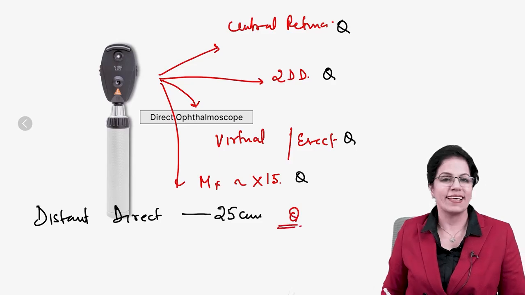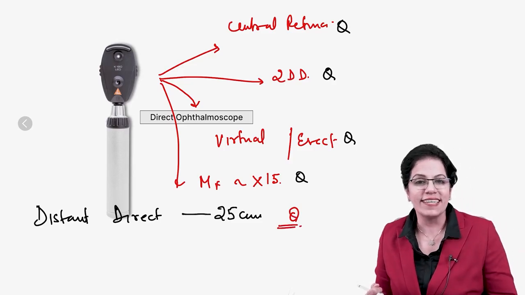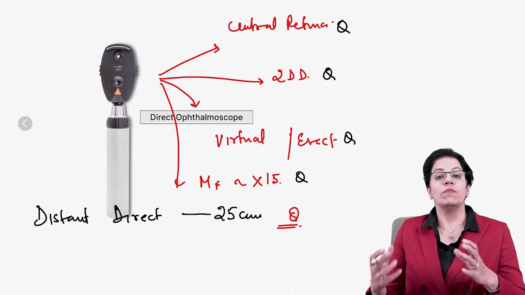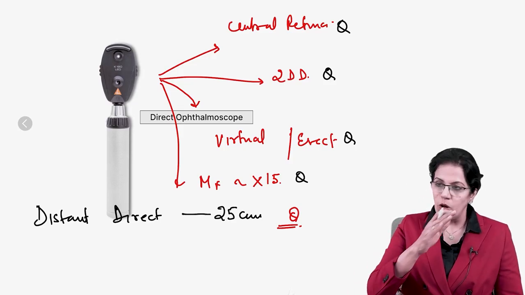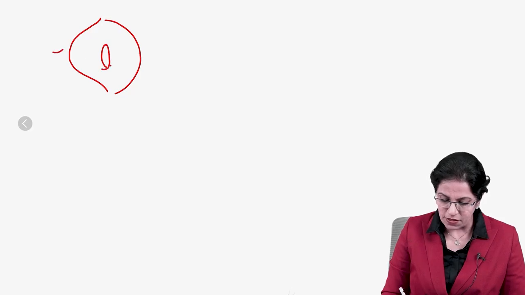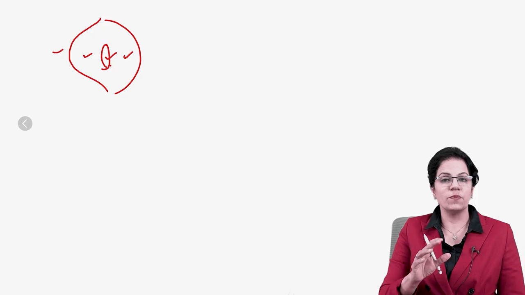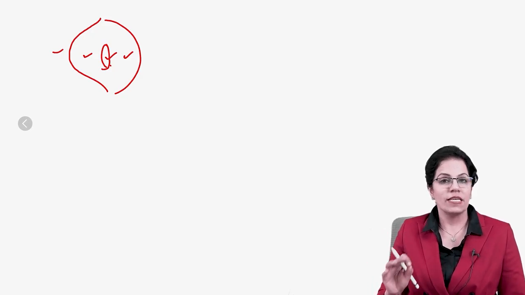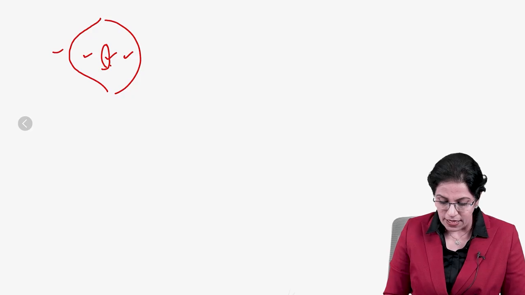What am I trying to see with it? Media of the eye. What is media? All the structures in the way of light ray till it reaches the retina. Media of eye means cornea, aqueous humor, lens, vitreous humor. So any opacity is nicely visible through distant direct ophthalmoscopy.